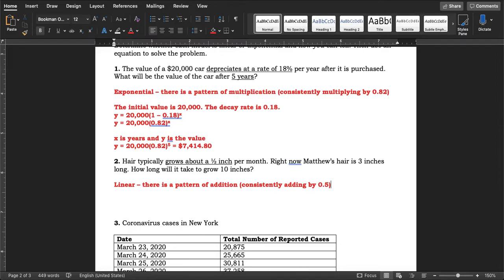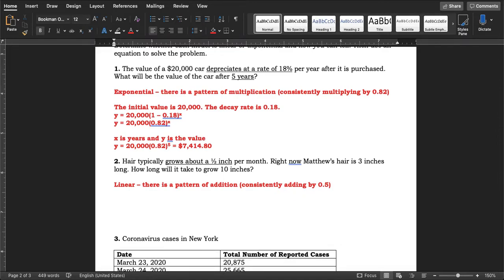So now that I know it's linear, I can use y equals mx plus b to write the equation. The initial value here is 3. That's how long Matthew's hair is right now. The repeating pattern is 0.5.